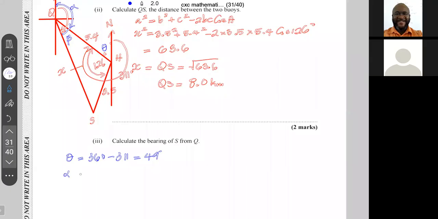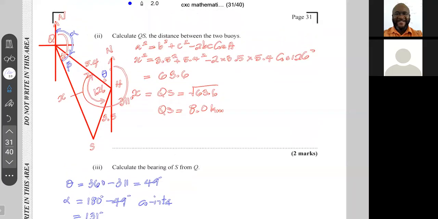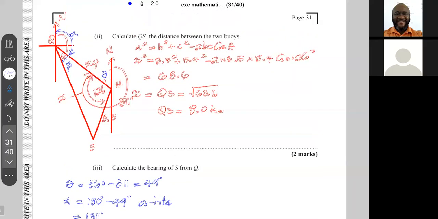Next, alpha would be equal to 180 minus 49, and this is because they are co-interior angles. So 180 minus 49 is 131. So we have the top piece now. Remember, for the bearing, I need both pieces. I need alpha and I need beta. I have alpha, now I just need beta.